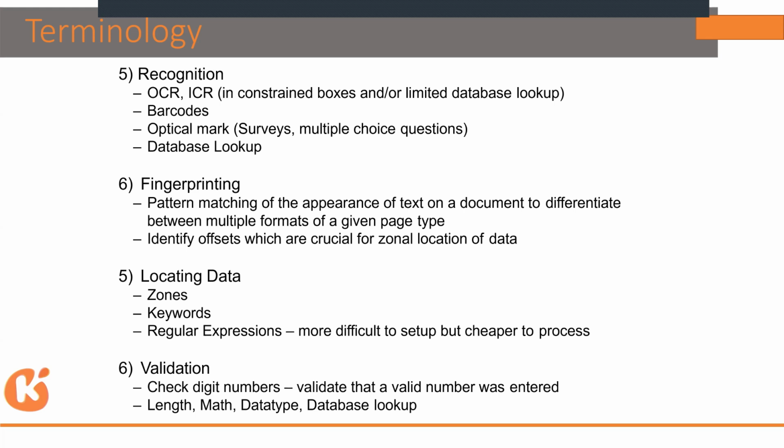So we can use ICR to extract data that is written manually. There is another engine also available in DataCap, that is OMR. Optical mark recognition is, for example, if you have any check boxes in the scanned document, DataCap will identify that particular data and extract it from the scanned document. So this is called recognition.